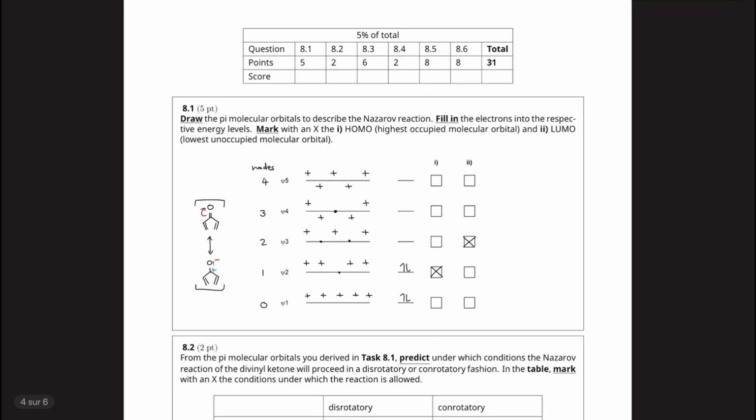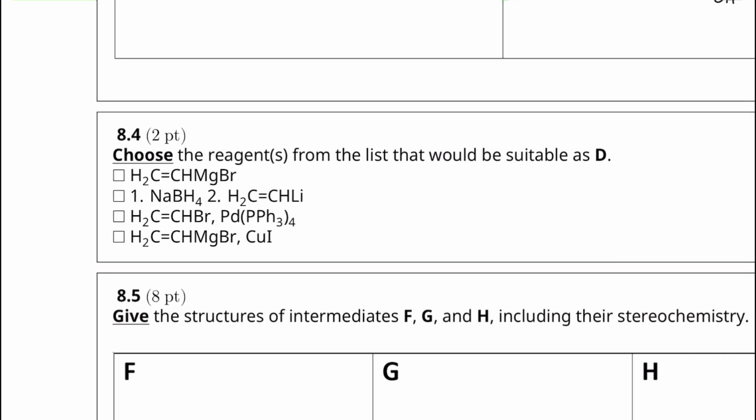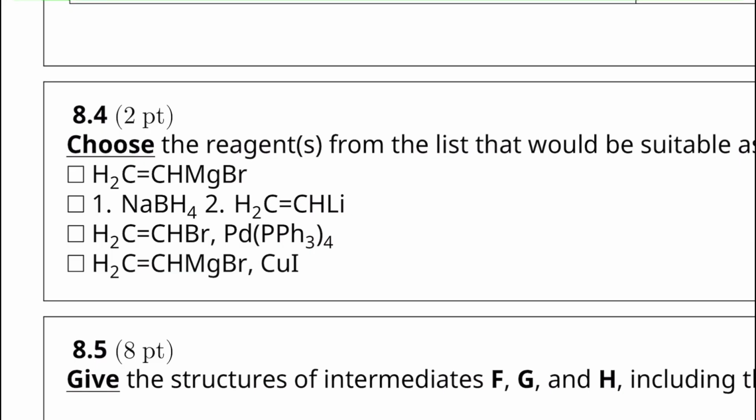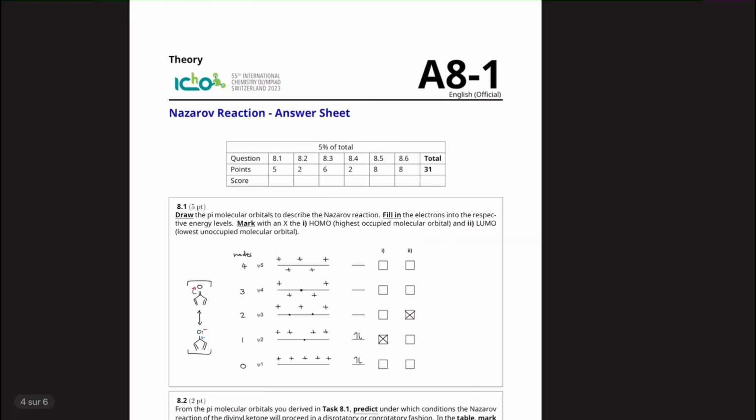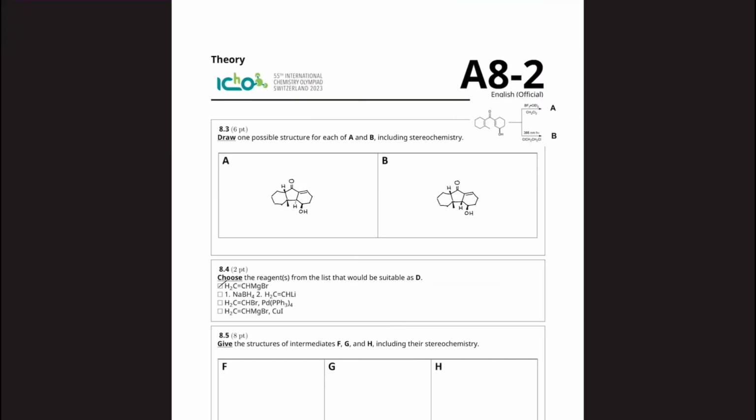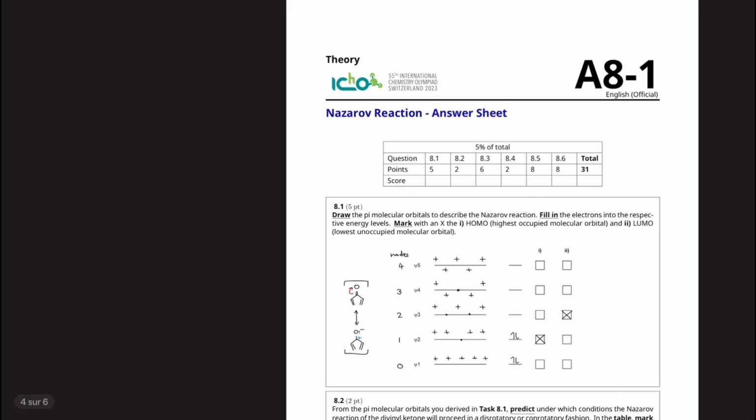So we need to see what we have for D. We have this Grignard reagent, we have a reducing reagent, and a vinyl lithium, which is really weird. Then we have a coupling reagent, and we have Gilman reagent. So of course the only hard nucleophile is the first choice. Great. Let me just delete all of this because it's messy. There you go.